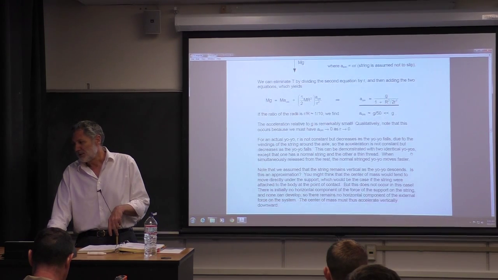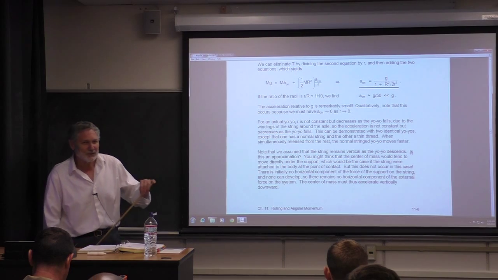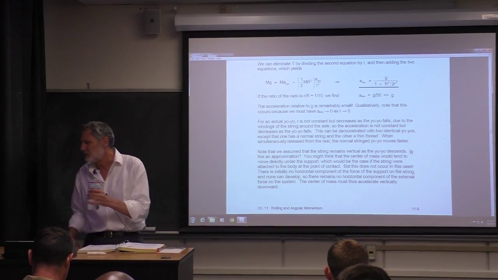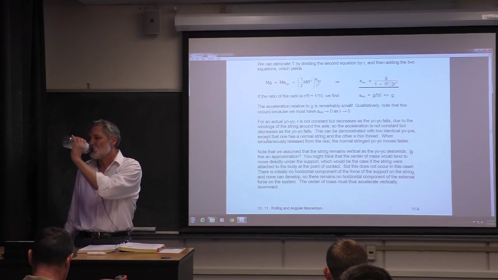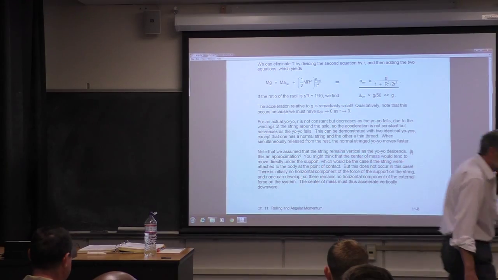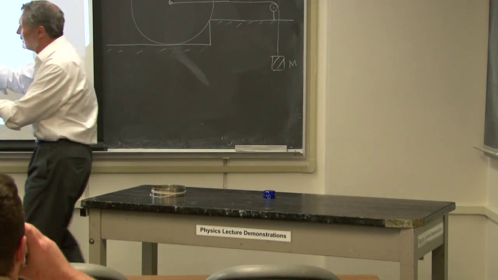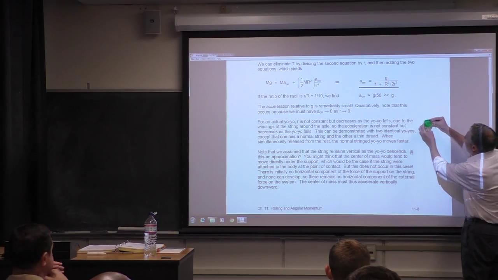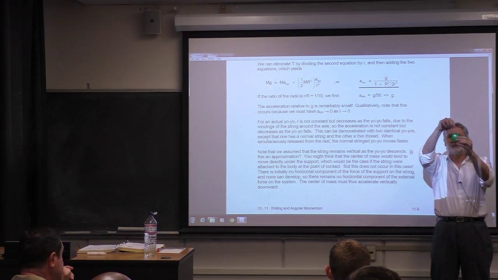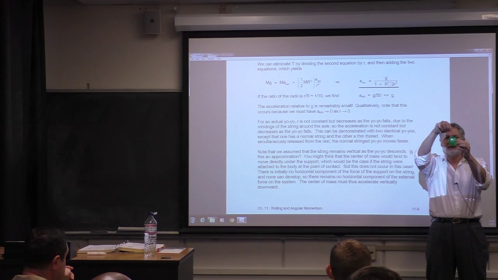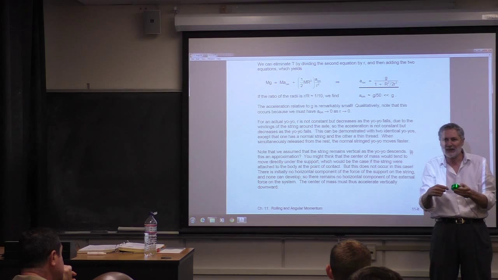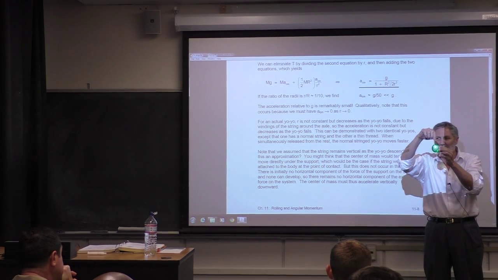There's more here. It's a real system, so there are actually two things. One of them is this: the string is pretty thick, and I think you can see through this yo-yo that the string is being applied at a distance twice the radius of the axle, because in the beginning it's wrapped around it.